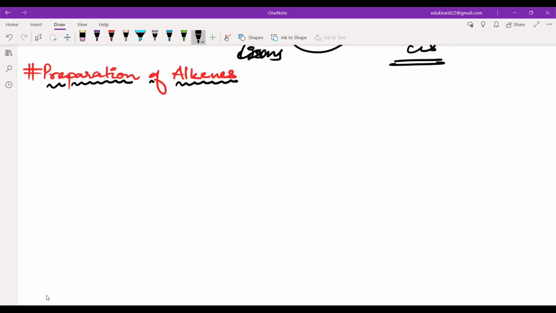First of all, from alkynes. Right with me? Partial reduction, not complete. If you completely reduce alkyne, you will be making alkanes.